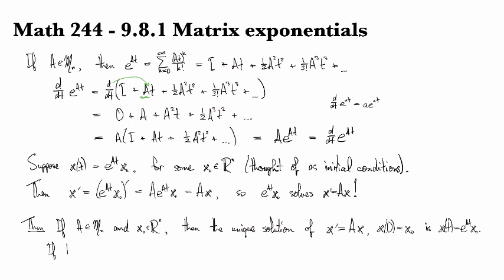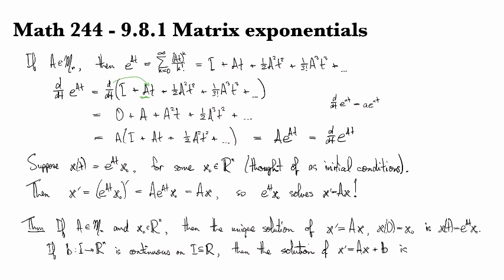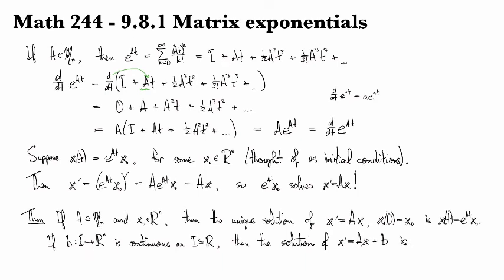And for the non-homogeneous case, if B is some continuous vector valued function on an interval, and this interval is some subset of the real line, then the solution of the non-homogeneous equation is going to be given by variation of parameters.